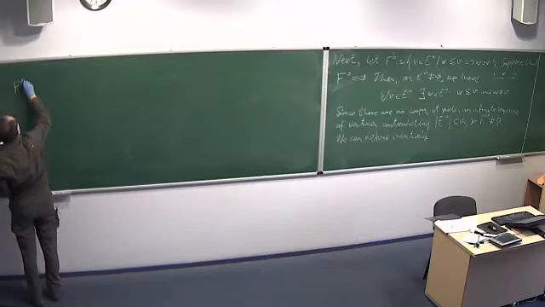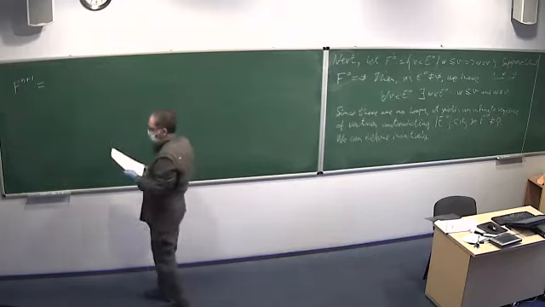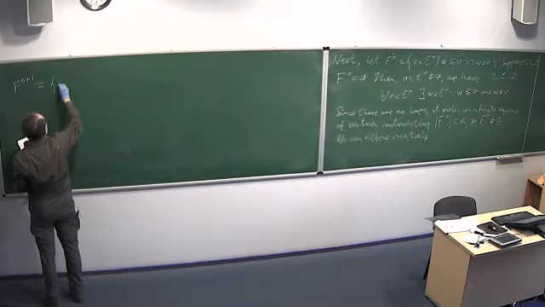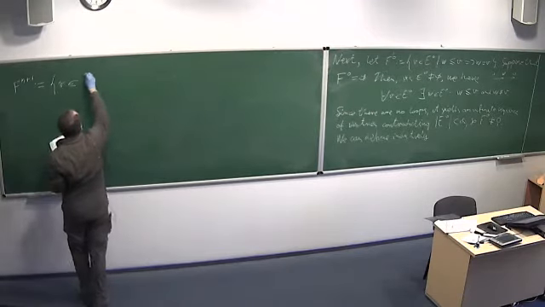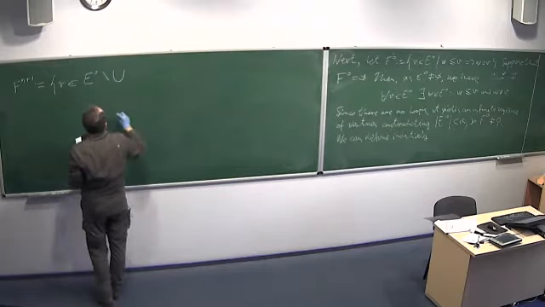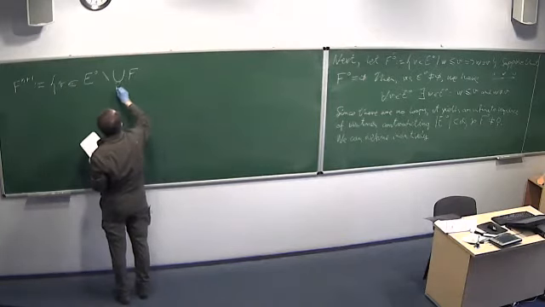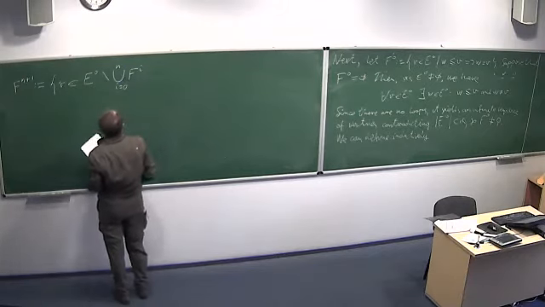So as promised, I define Fn plus 1 as the set of all vertices V, but now no longer in E0. I have to get rid of all vertices that I already considered before. So I have the union from I equal 0 to n of all Fi's, okay?